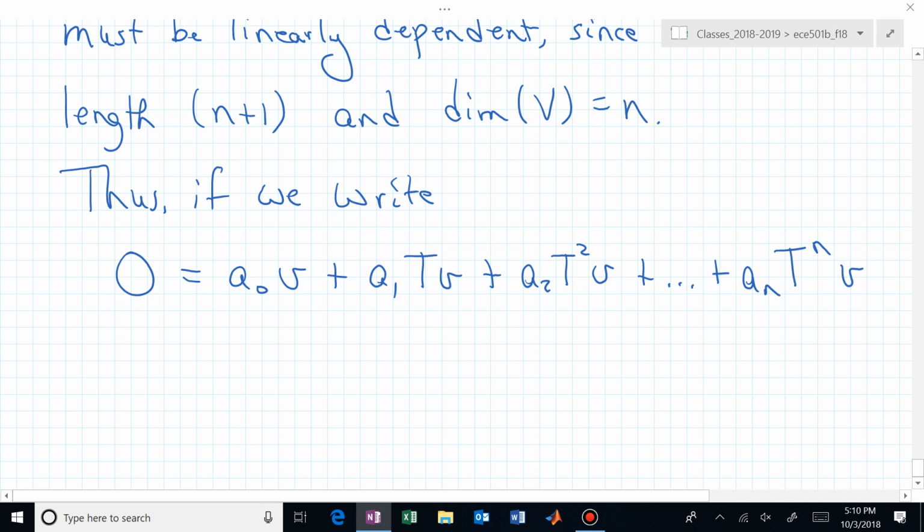Because this is a linearly dependent list of vectors that we're combining.